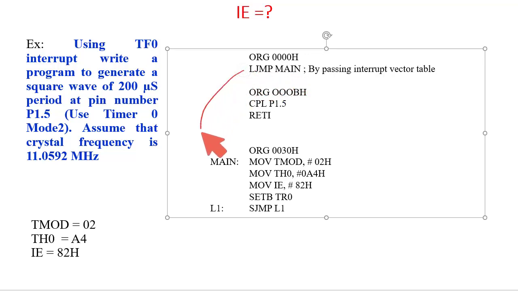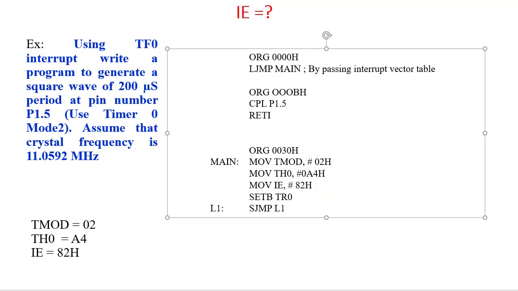From here it will come to this position, set the values, start the timer, then stay here. When the interrupt comes, it will jump from this position to this position, meaning it will enter the interrupt service routine. When this RETI executes, it will again come from here to here, and the same thing will repeat continuously, and ultimately at P1.5 we will get a square wave.